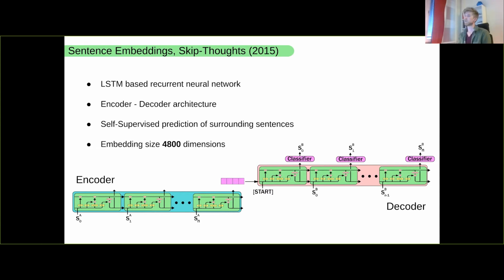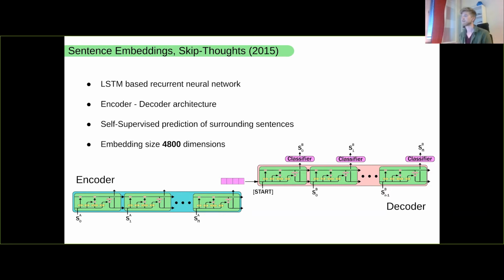We then take this sentence representation and run it through the decoder. What they do here is try to predict not only the next sentence, but also the previous sentence. And they really increased the embedding size. All these other word embedding algorithms, like Word2Vec and Glove, you usually see in a ballpark of 300 dimensions.